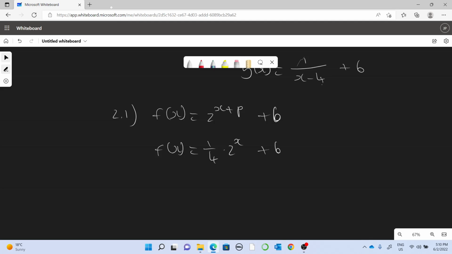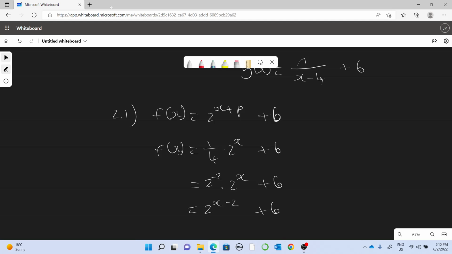Now we're going to adjust this to get it in the format we wanted. We can write this as 2 to the power of minus 2, which is the 1 over 4, times 2 to the power of x, plus 6. If the bases are the same, I can add the exponents.